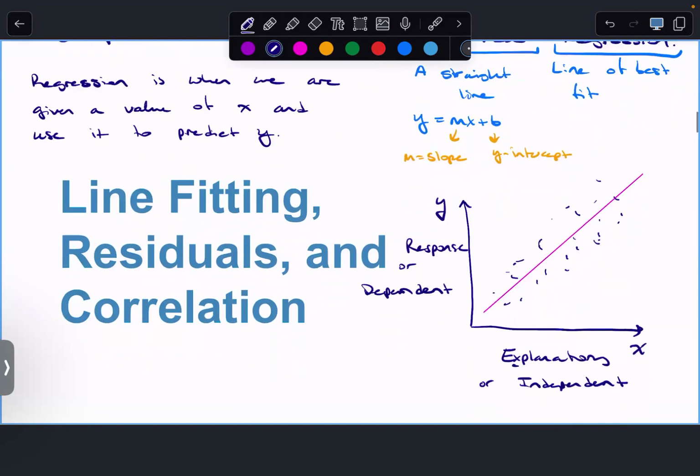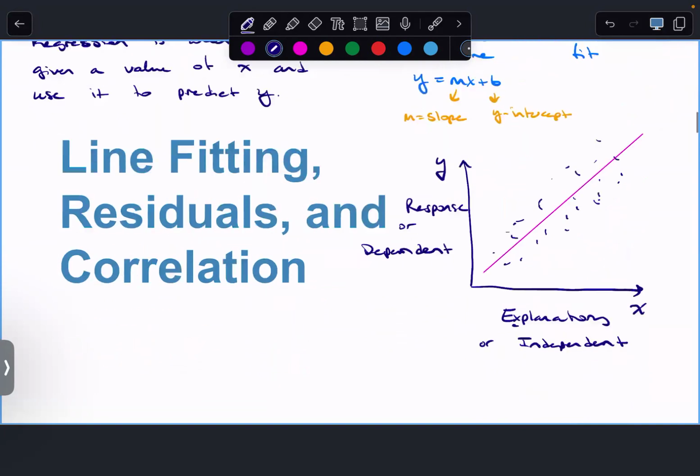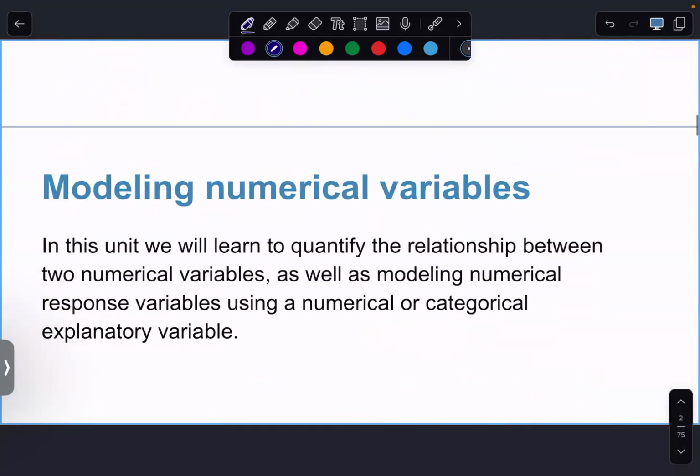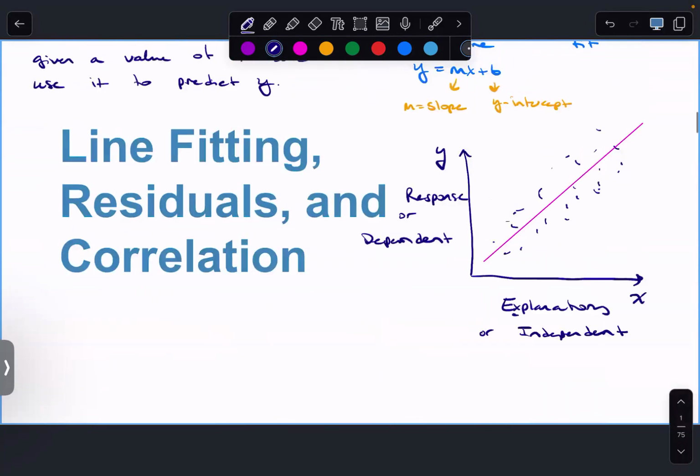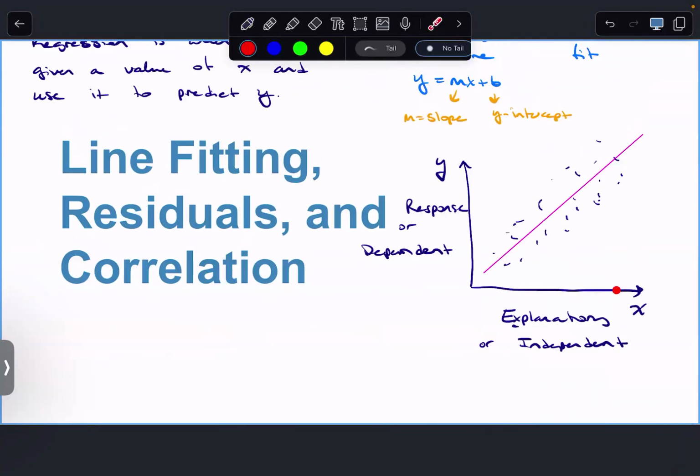So we're just going to establish some facts, some terminology, and then eventually we'll start building this line. For us, most often we're going to have, let's go back to this fake example here, a numerical variable on the x-axis as well as a numerical variable on the y-axis.